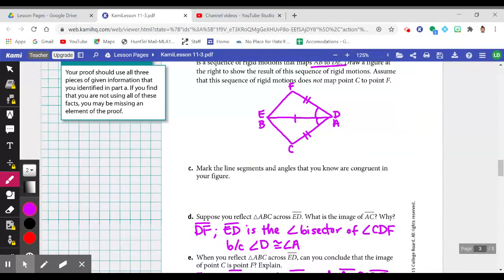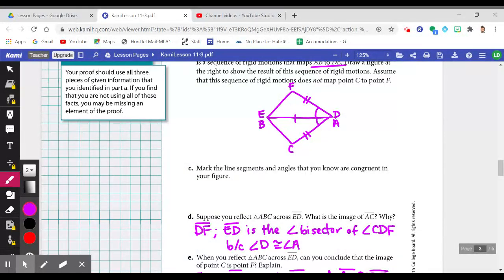What is the image of AC? We want to know where AC maps to in the reflection. Well, you probably already know that it's going to map to DF because we're using the same pair of triangles, but we want to take this idea of why these two angles really change the idea here. So what is the image of line segment AC?